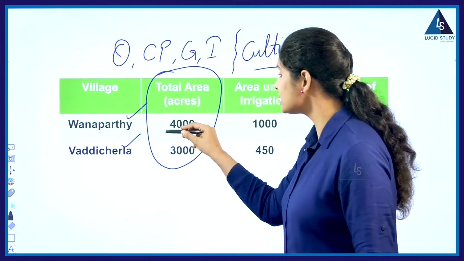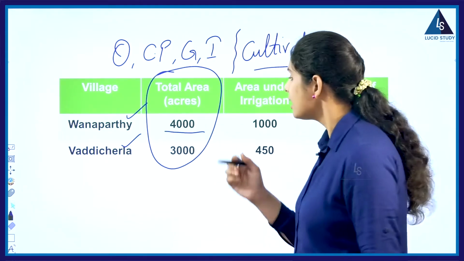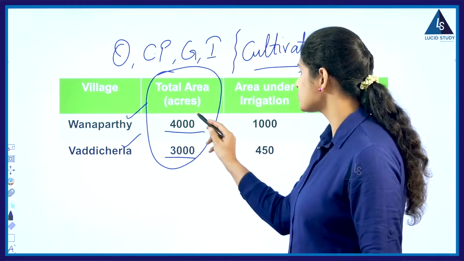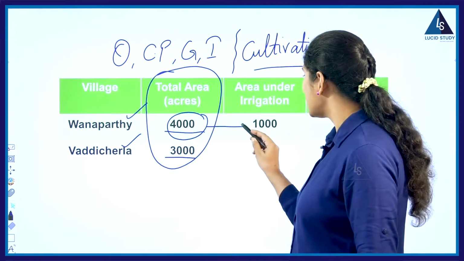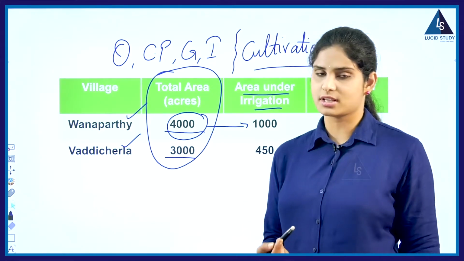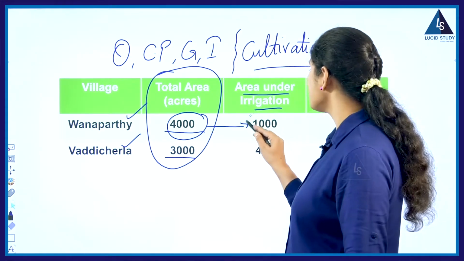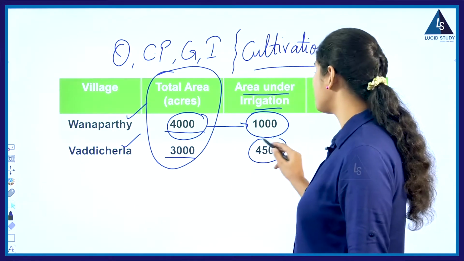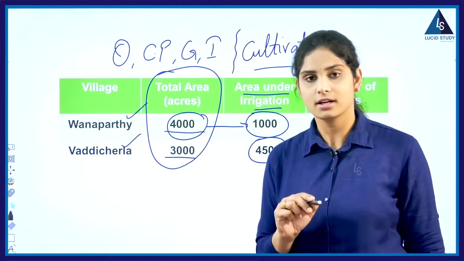Vanaparti is 4,000 acres, right? And Vadicherla is 3,000 acres. Now, the area under irrigation is about 1,000 acres in Vanaparti, while in Vadicherla it is only 450 acres, right?